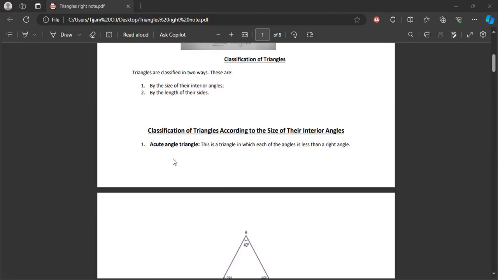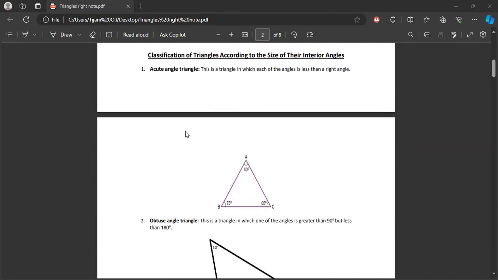The first one is the acute angle triangle. An acute angle triangle is a triangle in which each of the angles is less than 90 degrees. If you look at this triangle here, it is an acute angle triangle in which the value of each angle is less than 90 degrees, or a right angle.